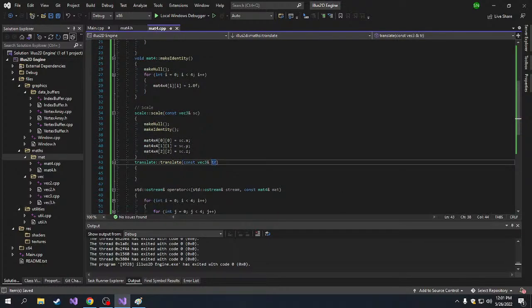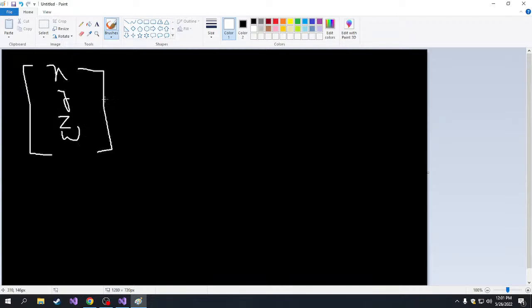Okay, cool. So I'll have to explain the translation as well, of course. The way the translation matrix works is we do something like this. Let's say I have a vector of x, y, z, w again, and I want to translate it.